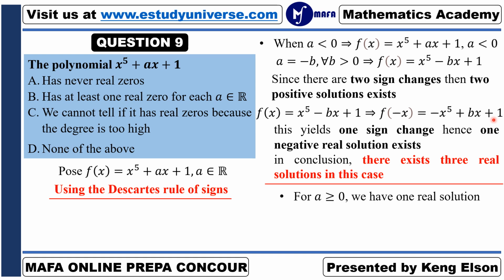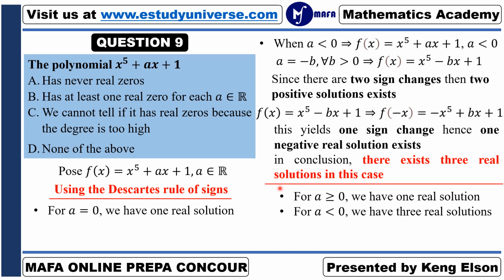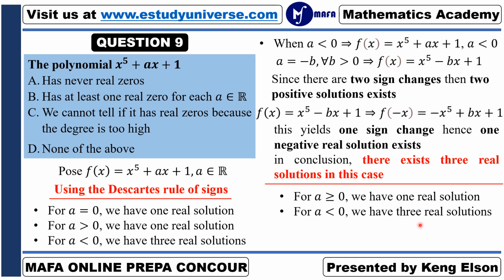So in conclusion, we can now conclude that what? When a is equal to 0, there was one real solution. When a was greater than 0, there was one real solution. Therefore, when a is greater or equal to 0, there is one real solution after combining the two situations here. And then now when a is less than 0, how many solutions do we have? We have three real solutions. So what's our conclusion?